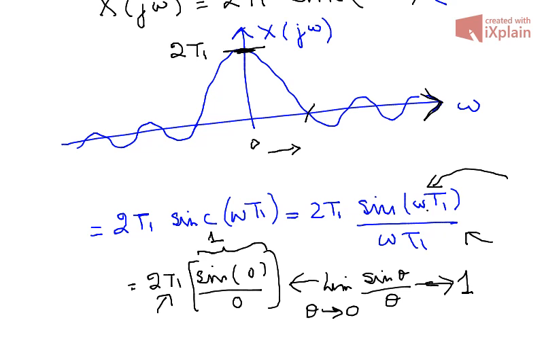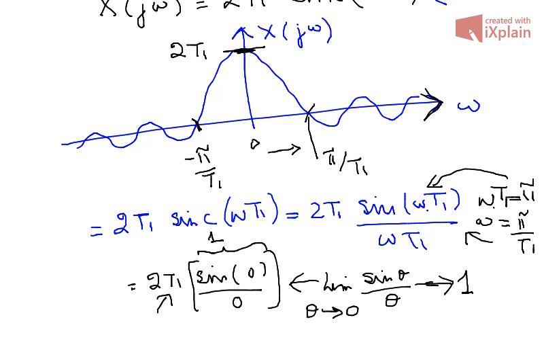When omega t1 is equal to pi, you would get the first null, or you can say when omega is equal to pi over t1. So this point on the omega axis is pi over t1, the first null. Similarly, this point is minus pi over t1. So when omega is pi over t1 or minus pi over t1, you would get the null.